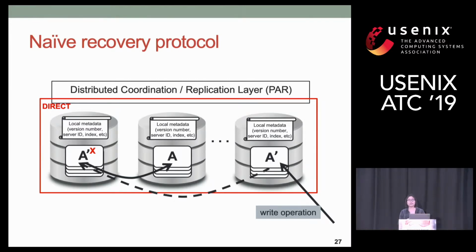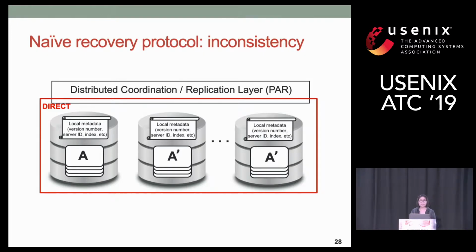This gets replicated asynchronously to all of its replicas. Let's say it gets replicated first to the corrupted replica, which gets updated to A prime. Then this recovery request comes back and says, oh, here's A. So it gets updated back to A, and then the write operation finishes by updating the middle replica to A prime.